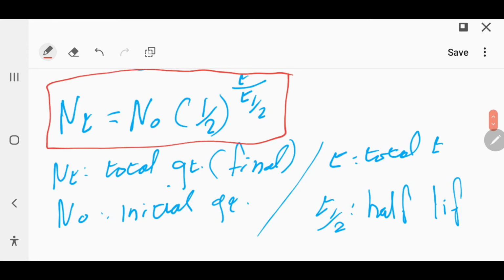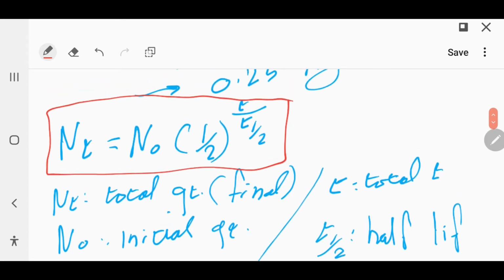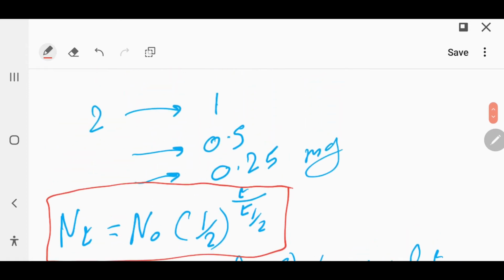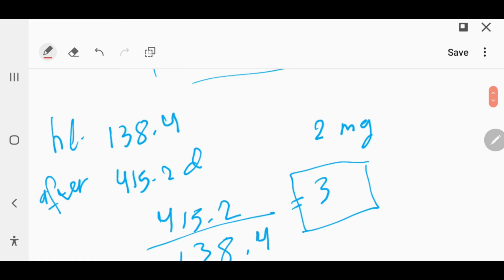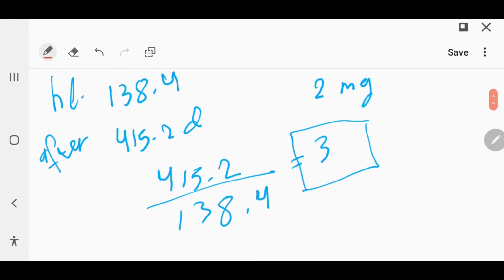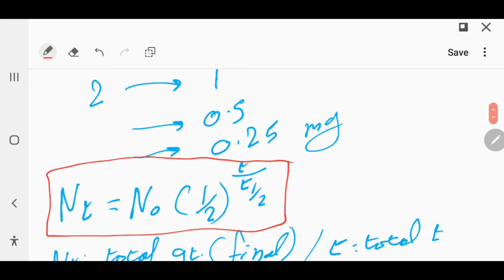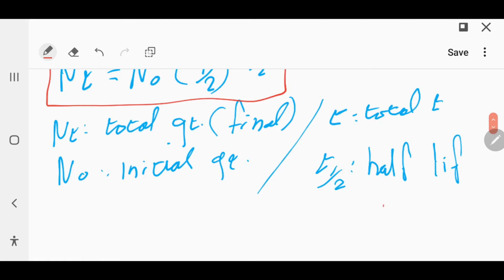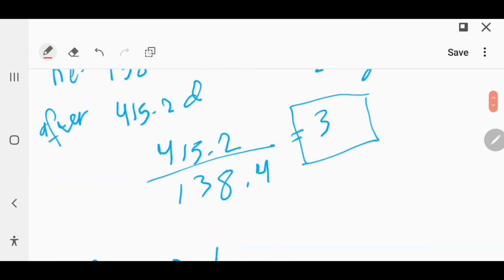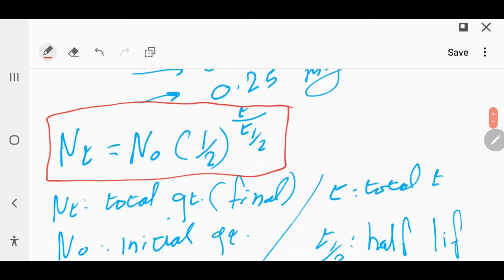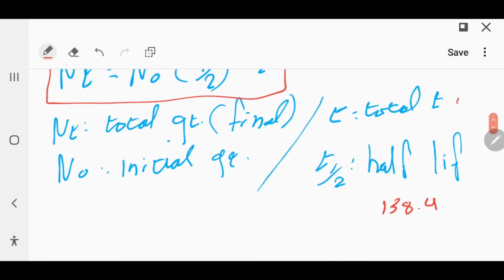If we apply this formula to our previous question, as you can see here, the half-life, which is t half, is 138.4. The total time is 415.2. And the initial quantity is 2 milligrams.